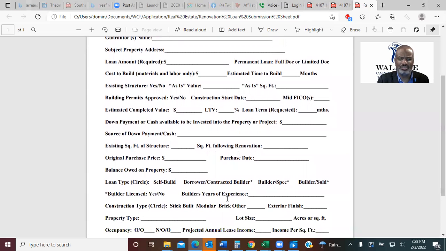So what type is this? Is this a self build? Is this a borrower, or a contracted builder? This is a spec kind of builder sold. What kind of deal is this? Self build or contracted builder?